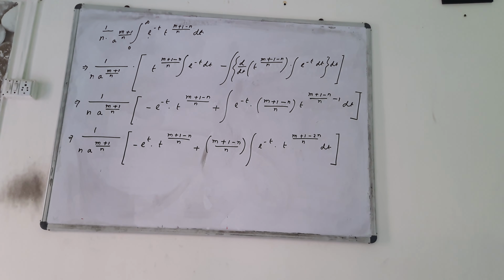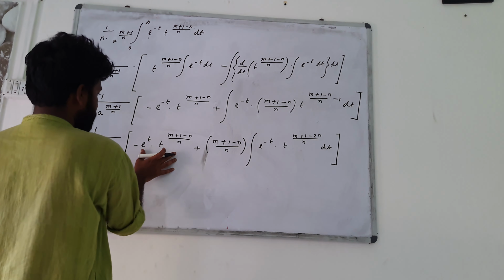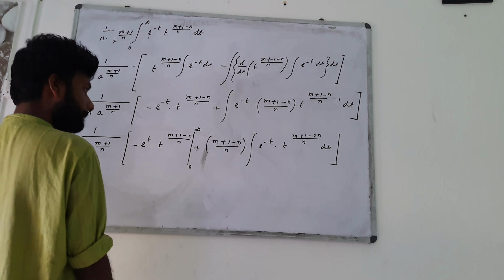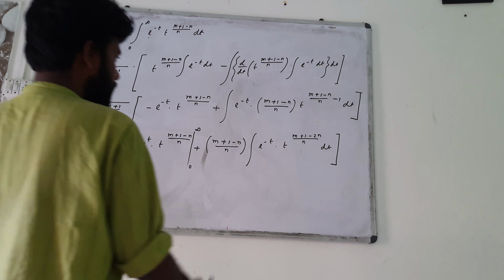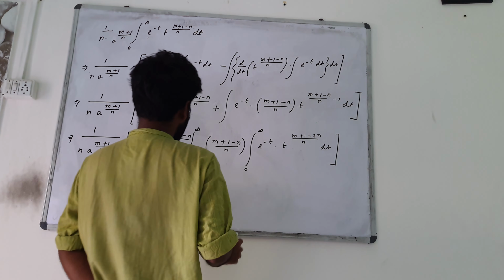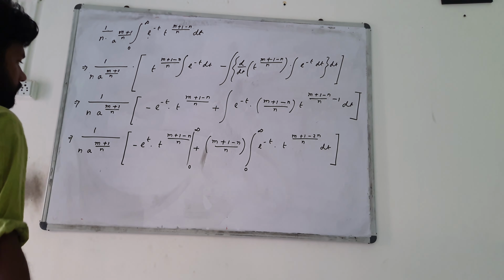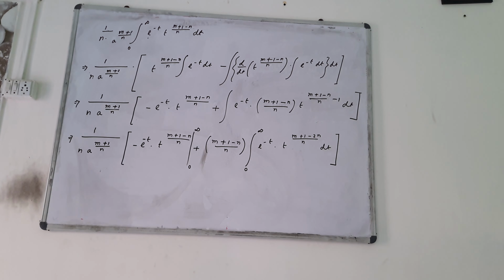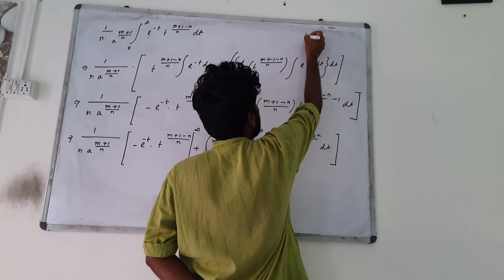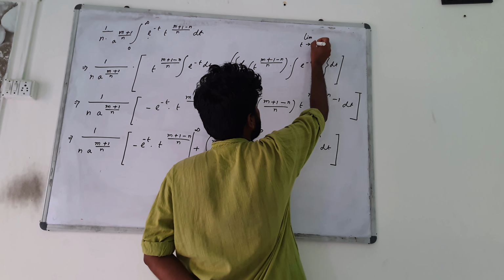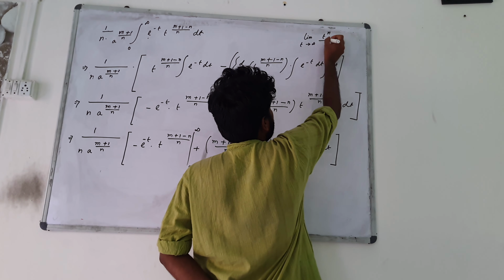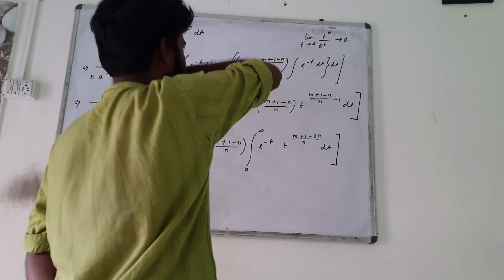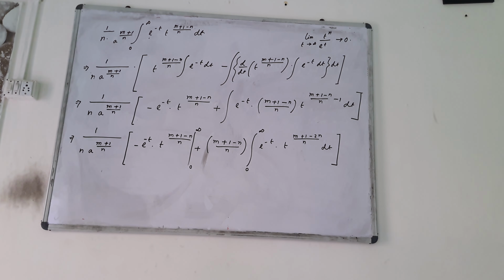So if we introduce here the limit 0 to infinite, it will become 0 because, from our first thing, limit t tends to infinite, t power n by e power t becomes 0, because exponential of t dominates any power of t.